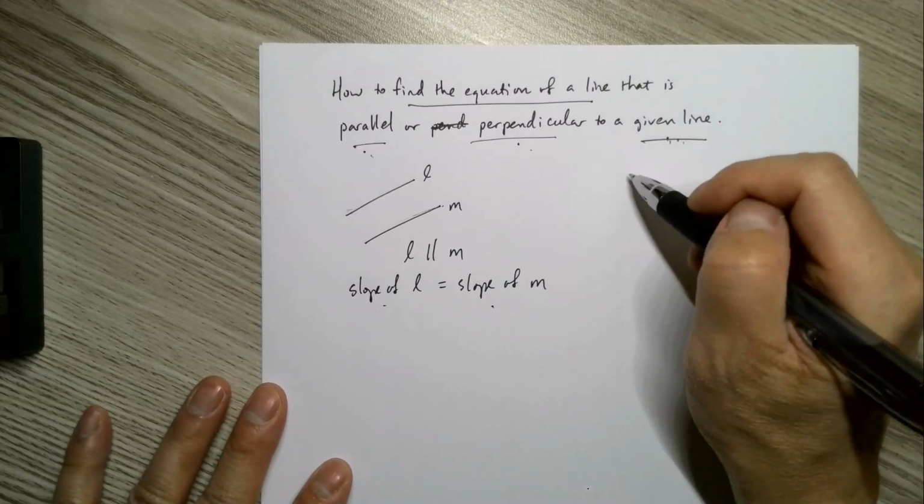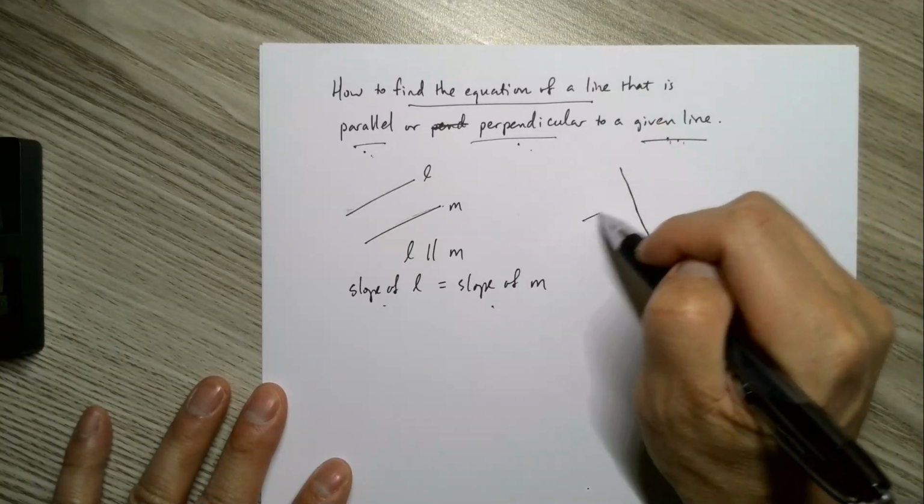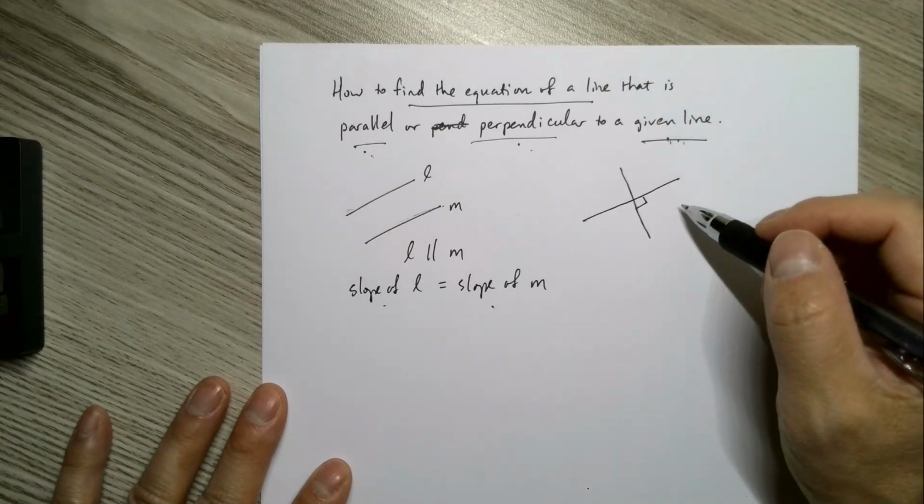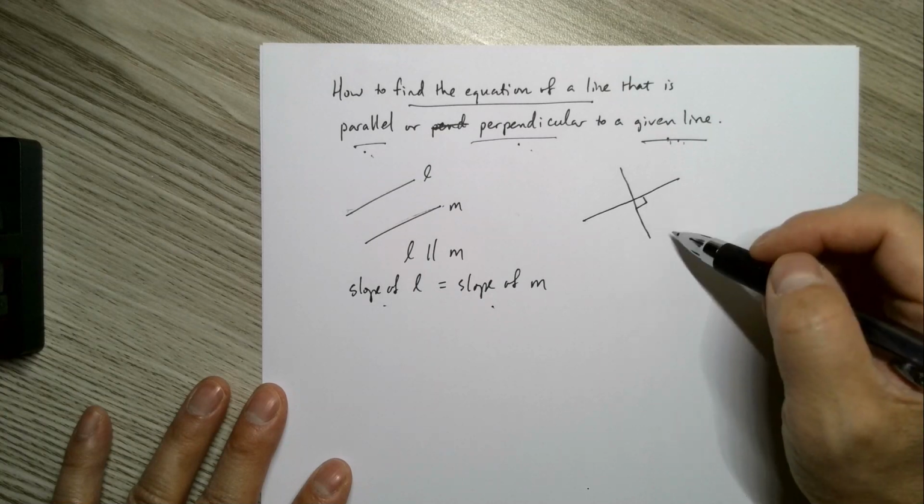Now, the relationship between perpendicular lines, at least the relationship between their slopes, is also kind of intuitive.